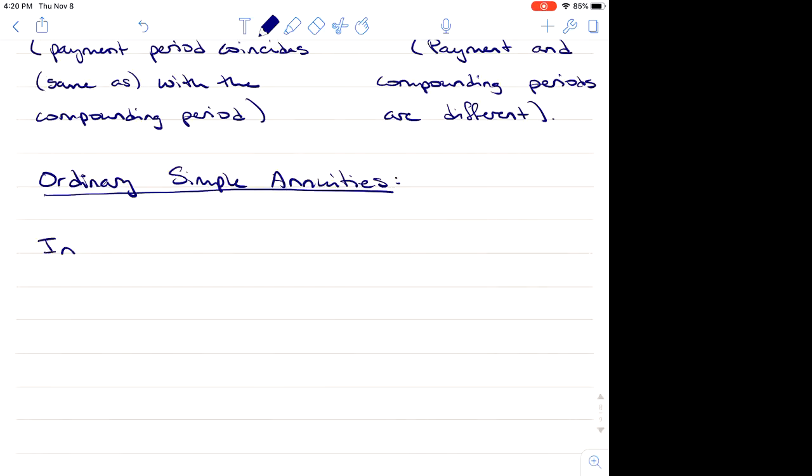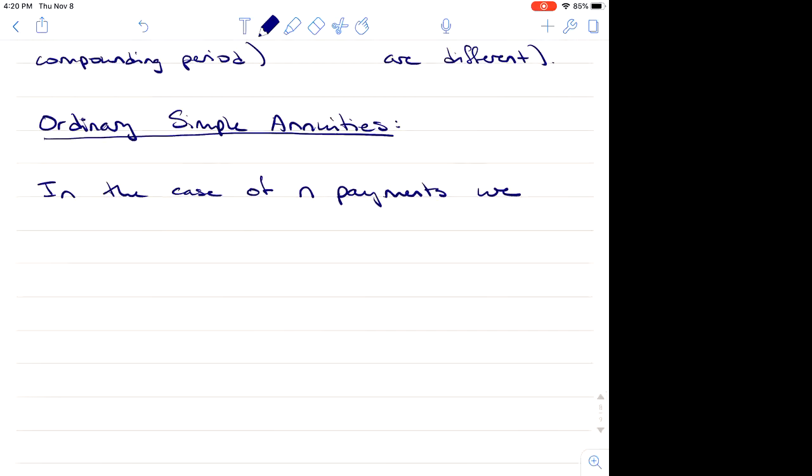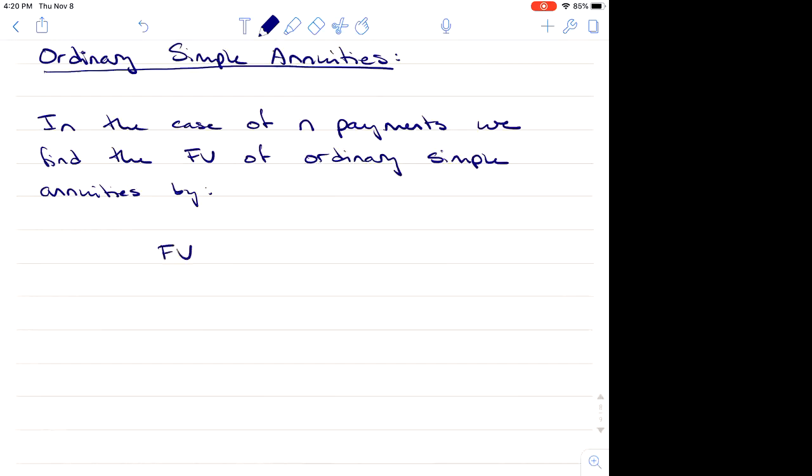So in the case of n payments, we find the future value of ordinary simple annuities by the future value formula, which I'll steal from your formula sheet.